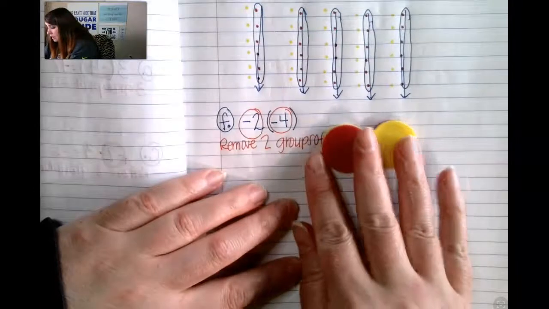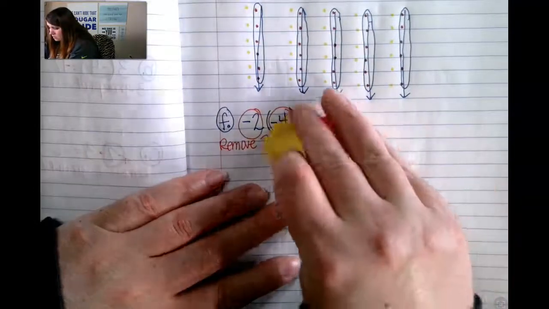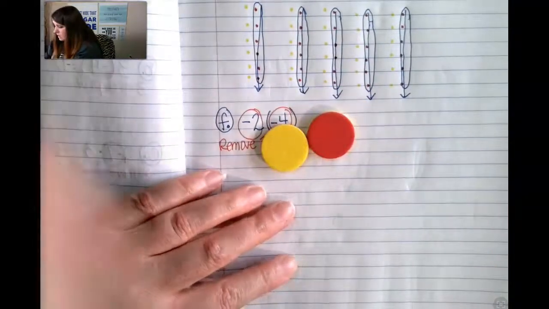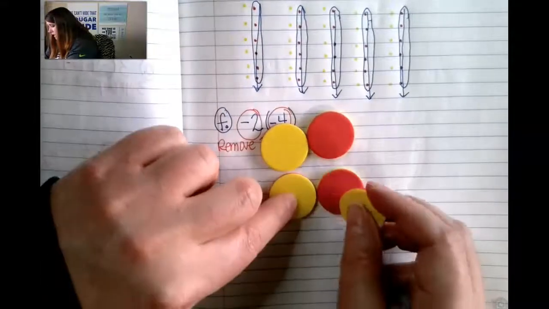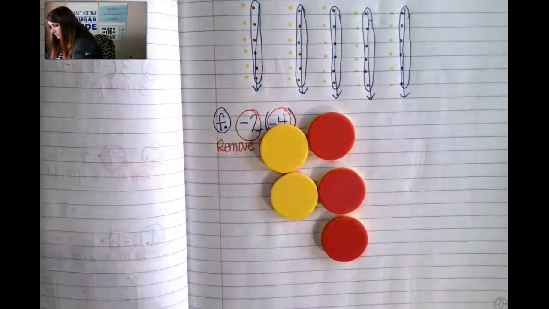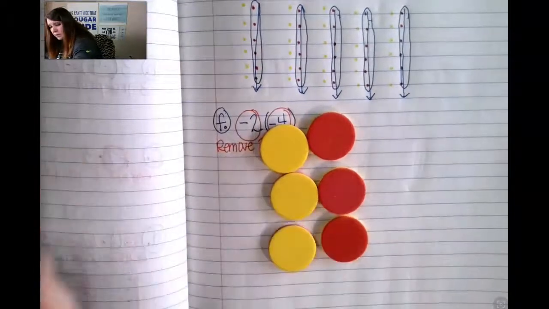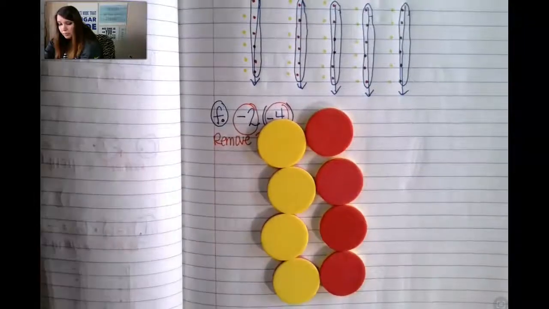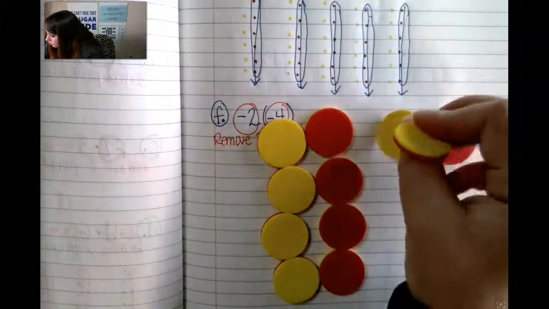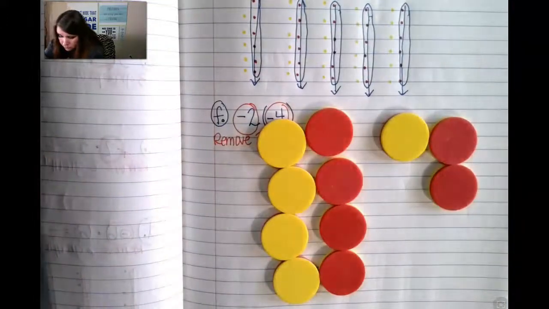Here's a 0 pair. And here's a 0 pair, and I need to have 4 in each group. 0 pair, 0 pair. Okay, there's one group of 0. Here is another group of 0.